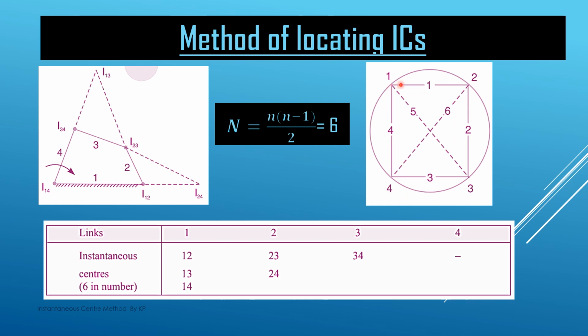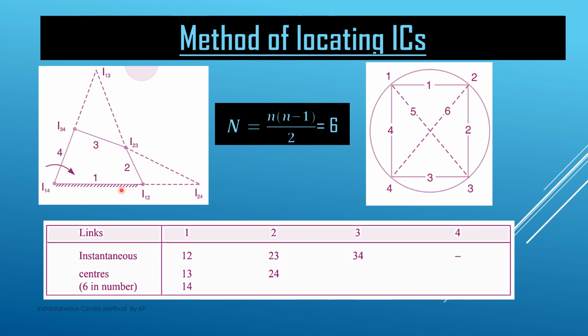So the line joining two points represents their IC. Now we join 1 to 2, then 2 to 3, then 3 to 4, and 4 to 1. These lines are solid lines because we know these ICs and have already located them.